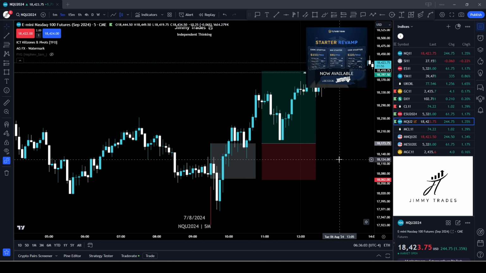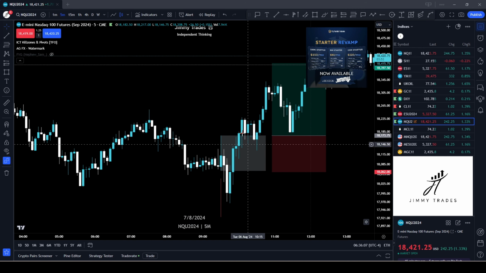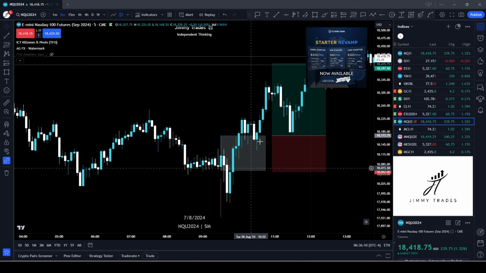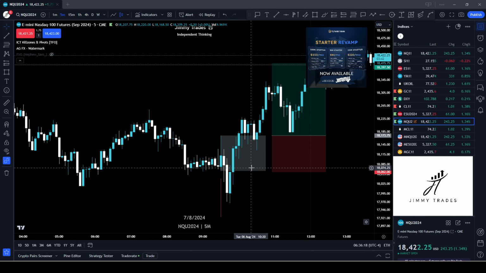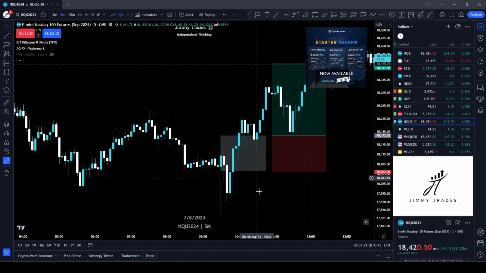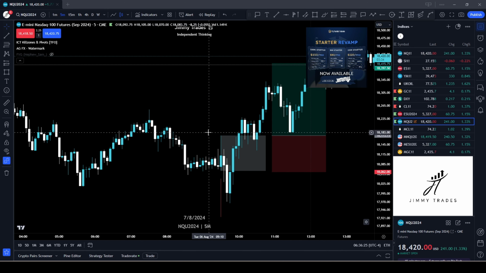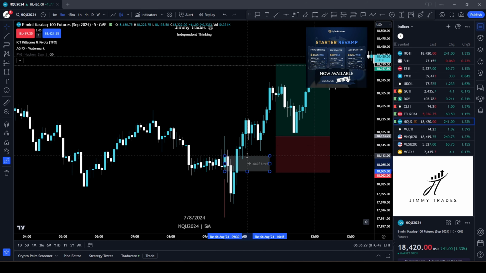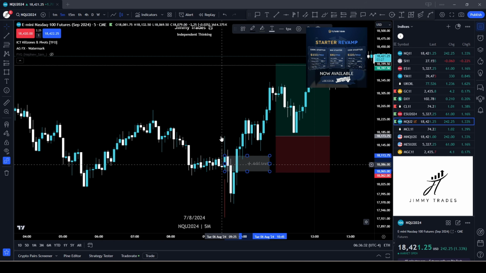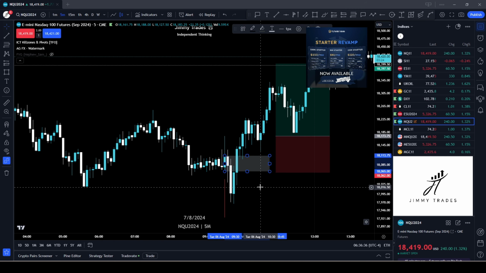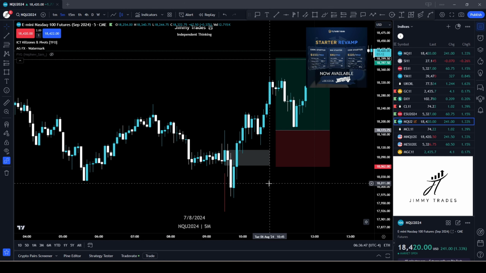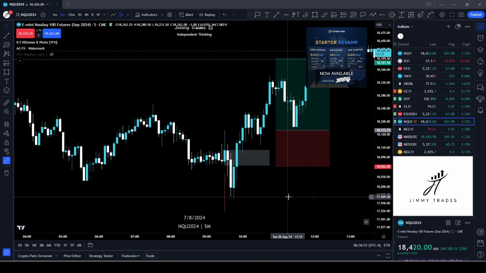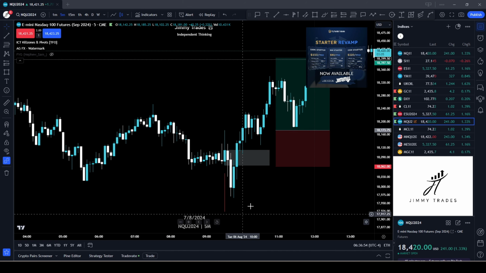You are able to get a trade that played. Now, the only thing I'd say with this trade, and I'm just using this as an example, is that this was a valid entry. Obviously, the size of this candle, including the wicks, is quite large, so you need to look at your risk. I know some traders might only look to take the body with a candle that's so large with the wicks included. And in this instance, that would have been a more optimal trade because there was very little drawdown. So you could have got a 5-minute entry for a long trade right at New York Open.